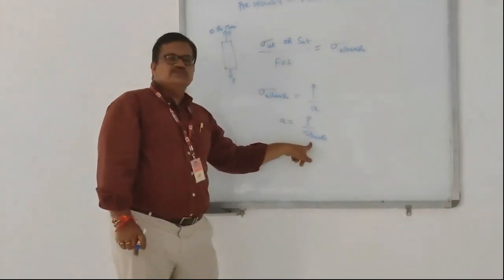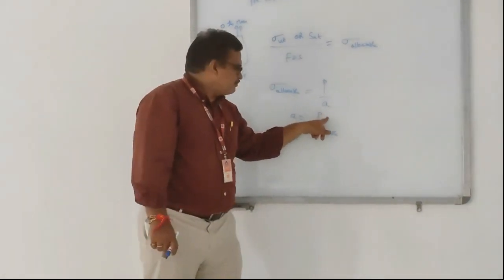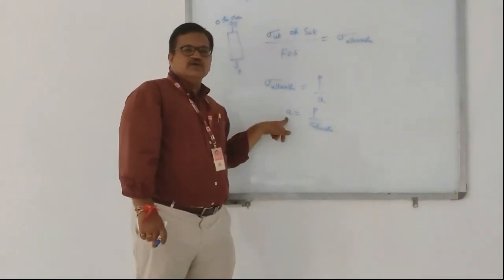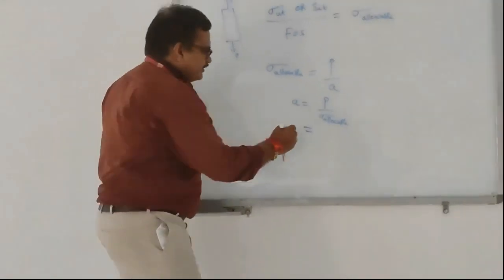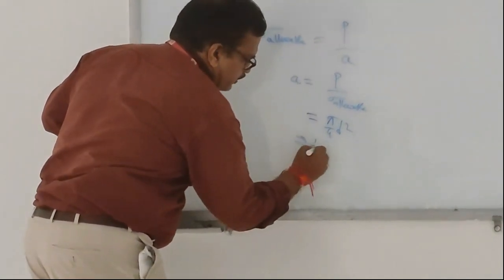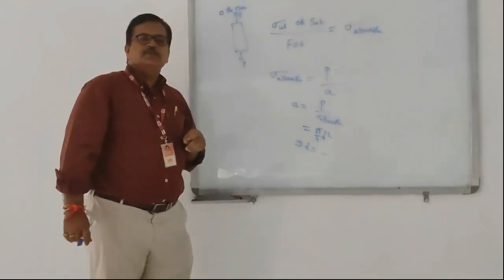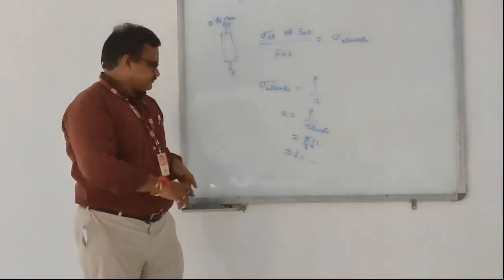The allowable stress is taken in the denominator, and in the numerator the load applied, 2 tons. Based on these two, we are going to have A. If the member is circular in cross section, A is equal to pi by 4 d square, and from this we are going to find out the diameter of the bar, which is subjected to axial tension.